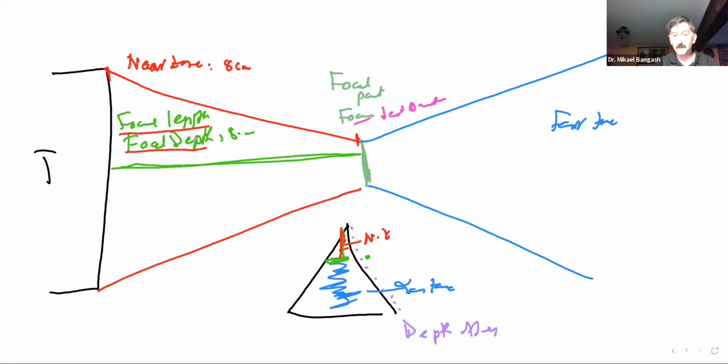Whereas if I'm focusing at this depth here, or at this point here, this is where my focal point is going to be. Then this distance is going to be my focal length or my focal depth, because it is the depth at which I am focusing.